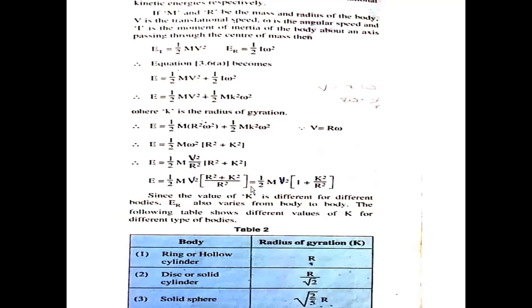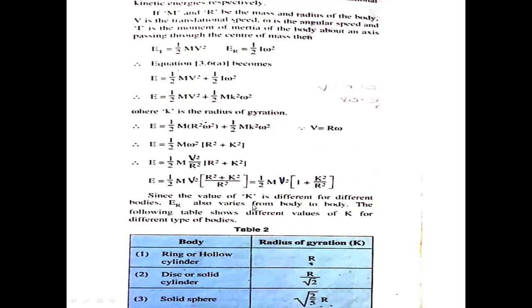You may know that the value of the radius of gyration for each body is different. Since the value of k is different for different bodies, the expression also varies from body to body. The following table shows the values of the radius of gyration of different bodies.